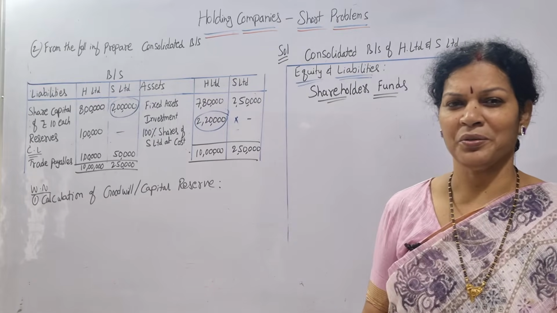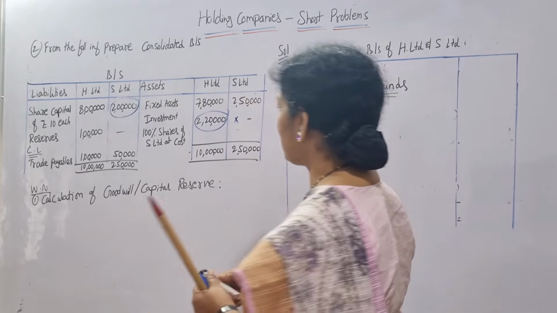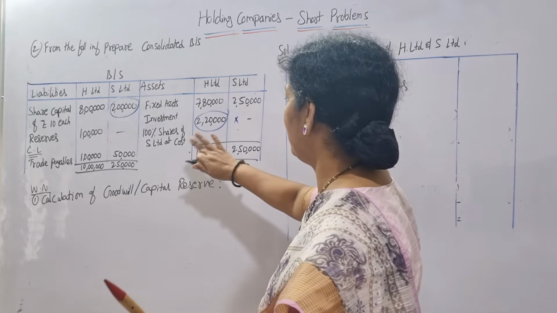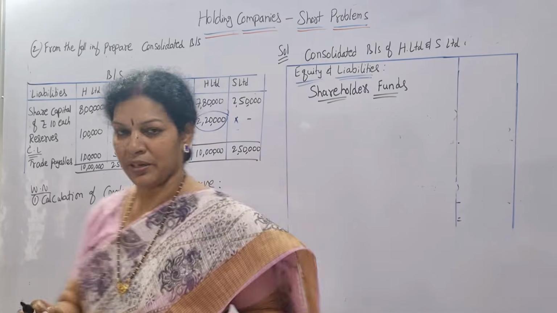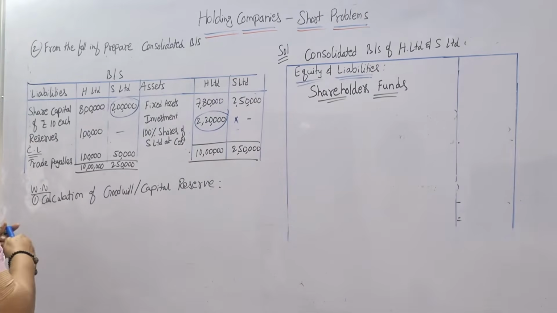Shall we do the working notes first? Okay. Now for this, cost of investment. How much is the investment? Investment is 2,20,000. That we will write for the calculation of goodwill or capital reserve.